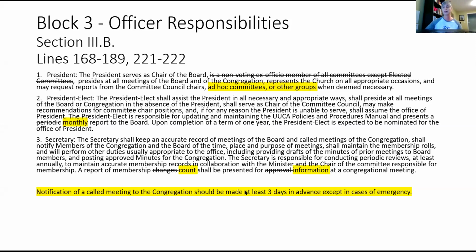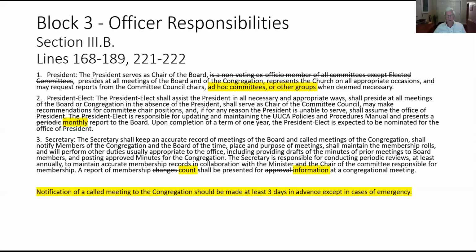We ask that we have 3 days to provide the congregation with notice of a board meeting, with the exception of an emergency. Given these times, we thought that would be an appropriate wording. I will stop here and ask if there are any questions or comments.